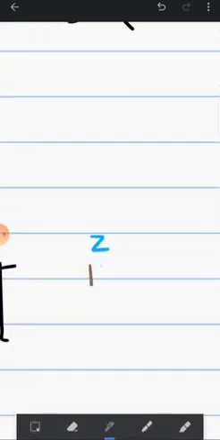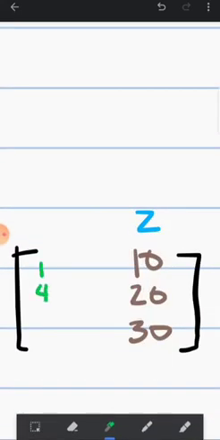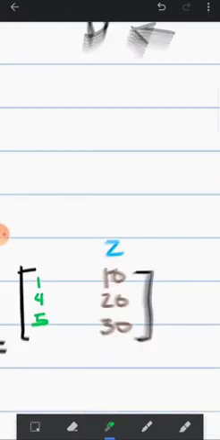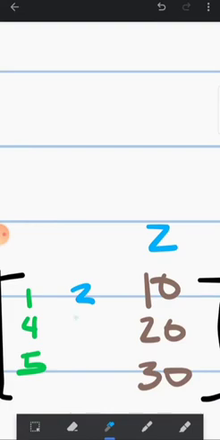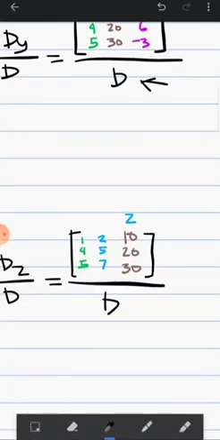So that will be 10, 20, 30. Then 1, 4, 5. Just have to copy the x's and y's. And then 2, 5, 7, all over the determinant.